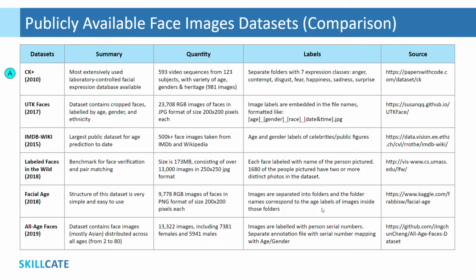You may pause this video here and go through this sheet if you may like. A word of caution here would be that not all of these datasets are available for commercial use. For real client implementation, we might need to spend more time in identifying or buying labeled dataset that comes with a commercial use license. For our project, we will use CK Plus dataset for building our emotion detection model.